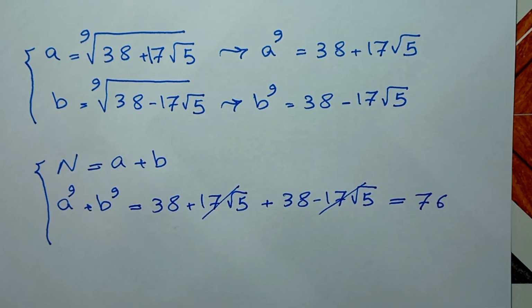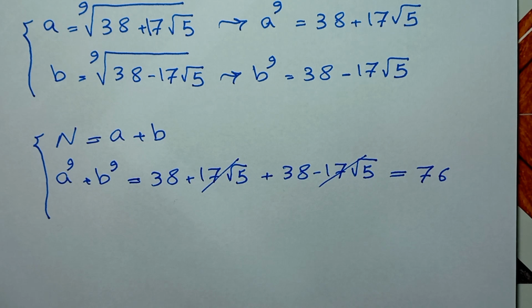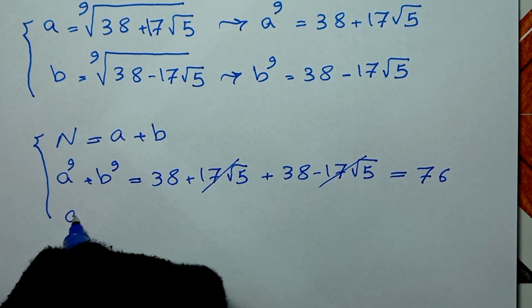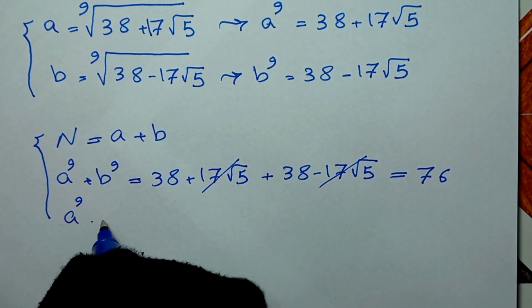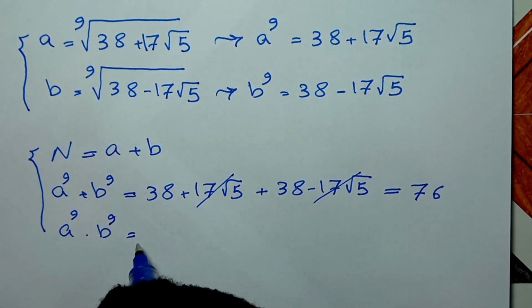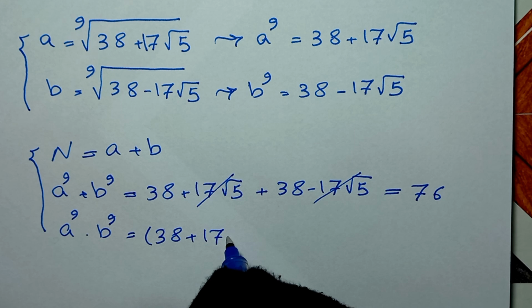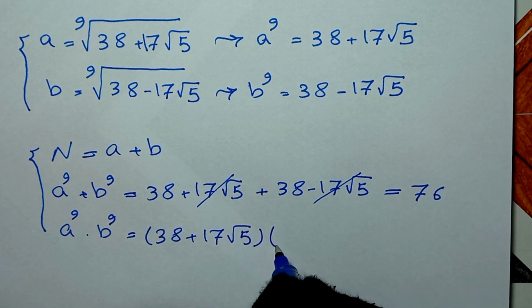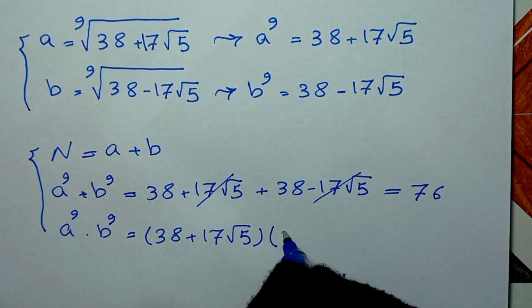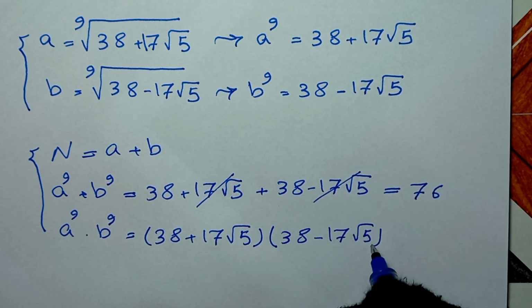And if we multiply these two equations together, it will be a to the power of 9 times b to the power of 9. This is equal to a to the power of 9, which is 38 plus 17 square root of 5, and b to the power of 9, which is 38 minus 17 square root of 5.